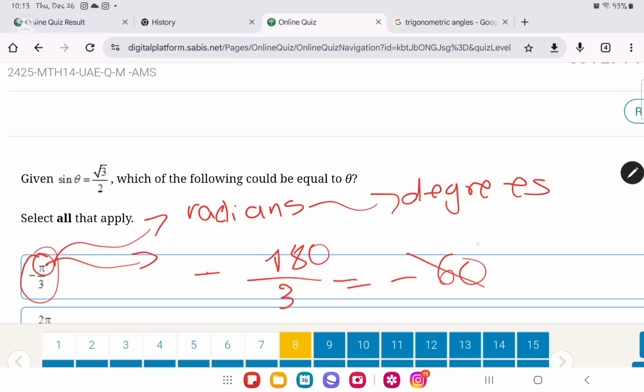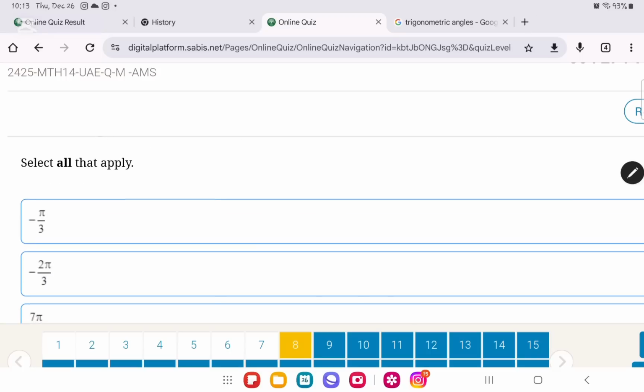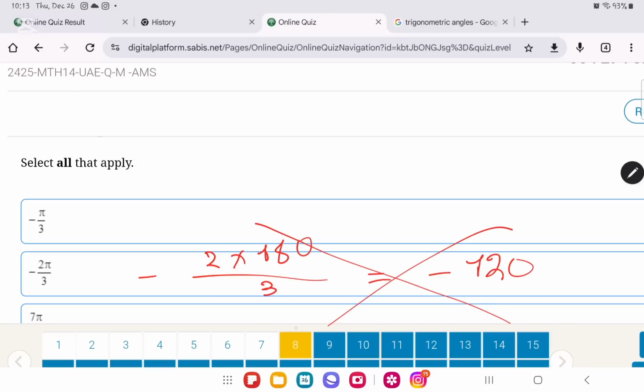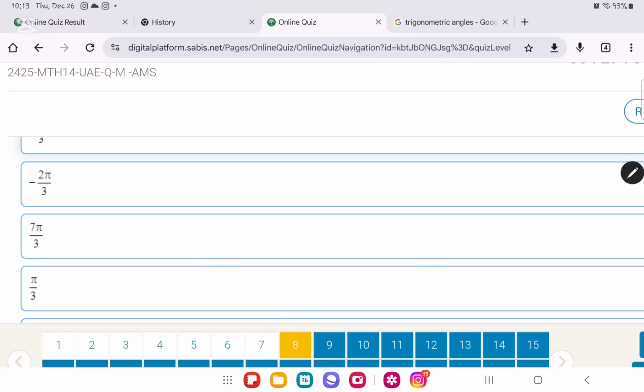Minus 60 was not one of our options, so we are not gonna choose it. Moving on, we have minus 2 pi over 3, so that's minus 2 times 180 divided by 3. So that's minus 120, which also wasn't any of our options, so we are not gonna choose it.